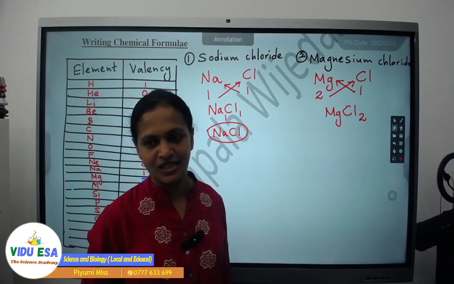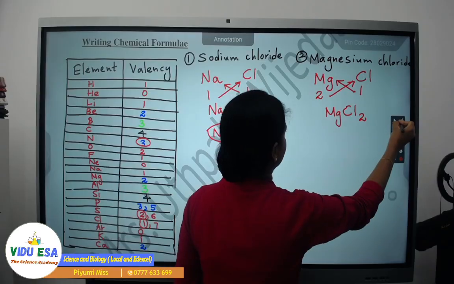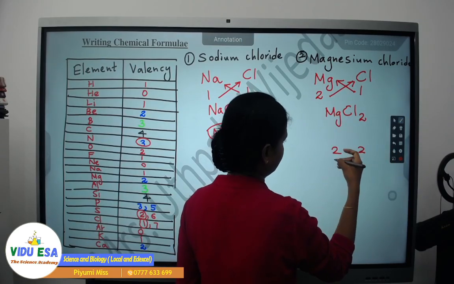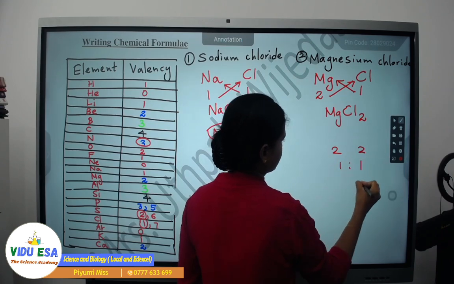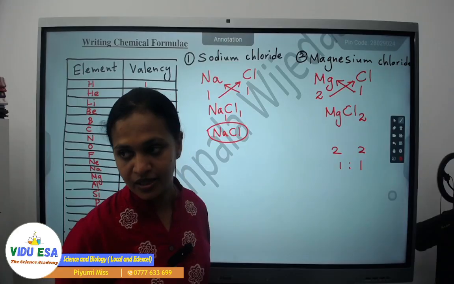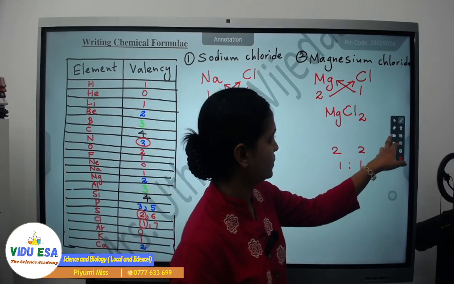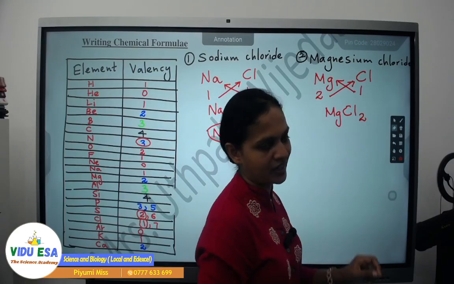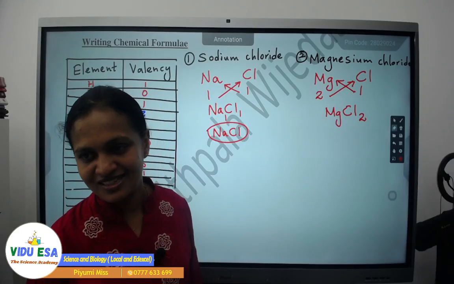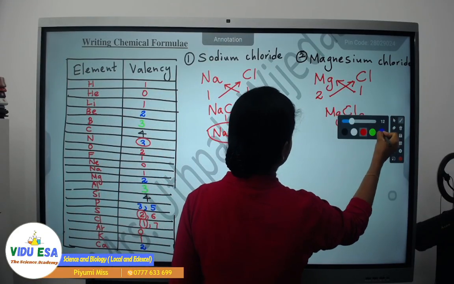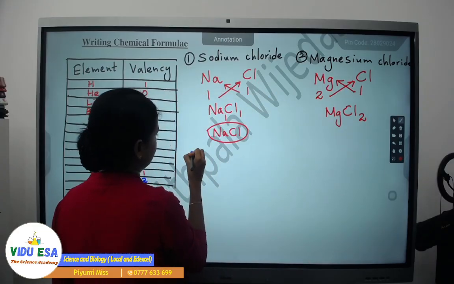MgCl2. Now think, if you get the ratio as 2:2, both being 2, you can obtain the simplest ratio as 1:1. You can do that. We will see when we take examples. Now I will give you certain examples so you can try. Then I will discuss. Okay? Number 3.